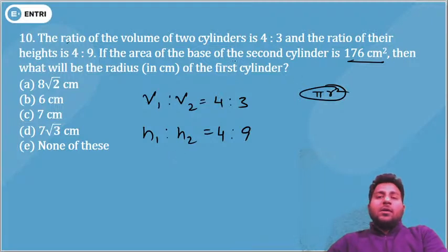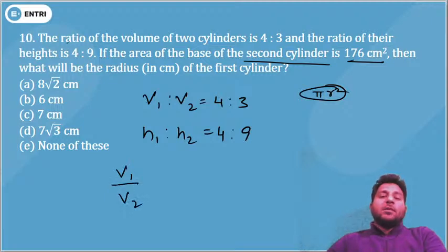So from the second cylinder, we will find out the radius of the second cylinder. But first you need to know that if volume is in the ratio, then what will happen?